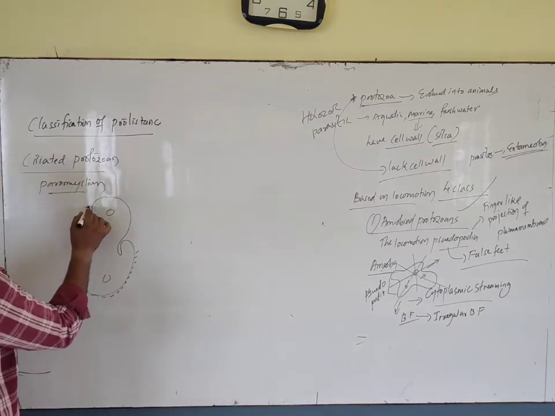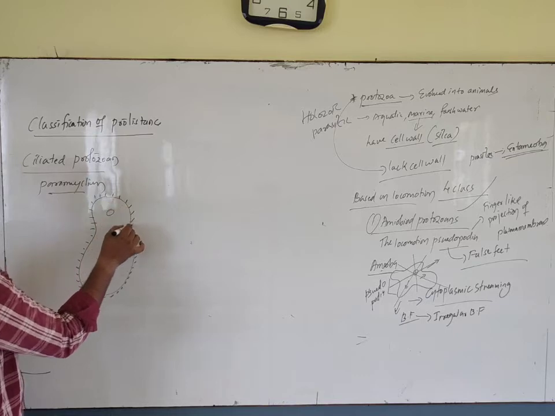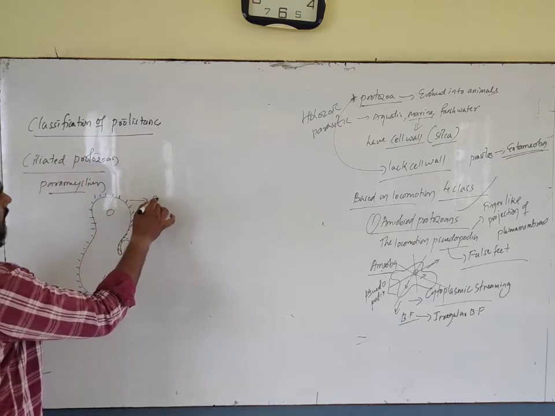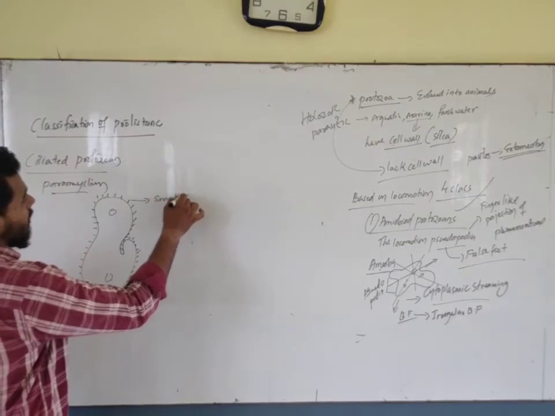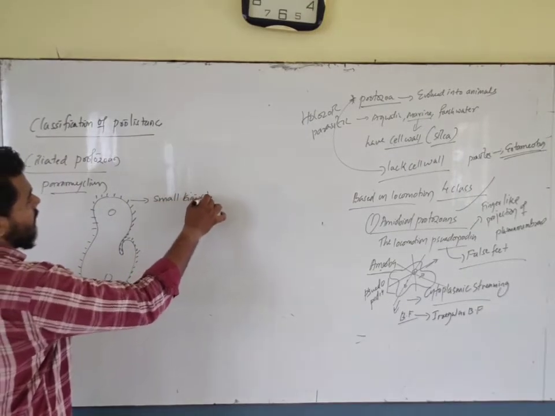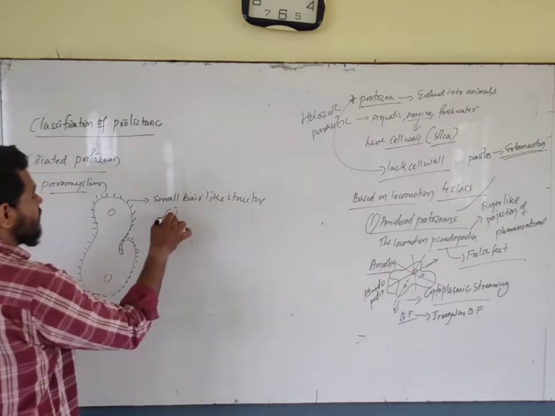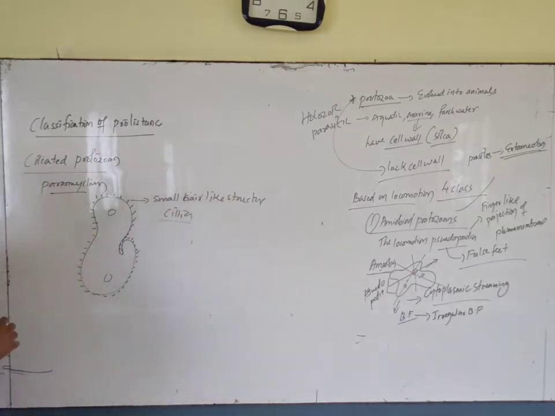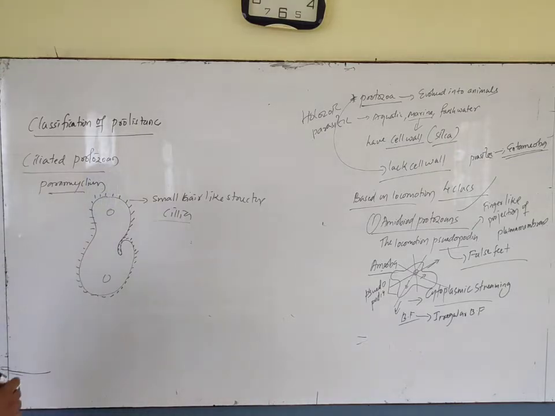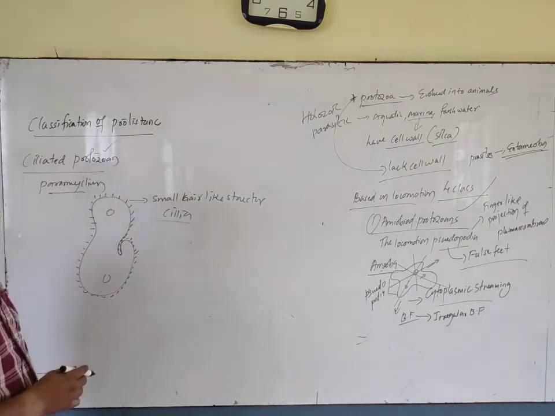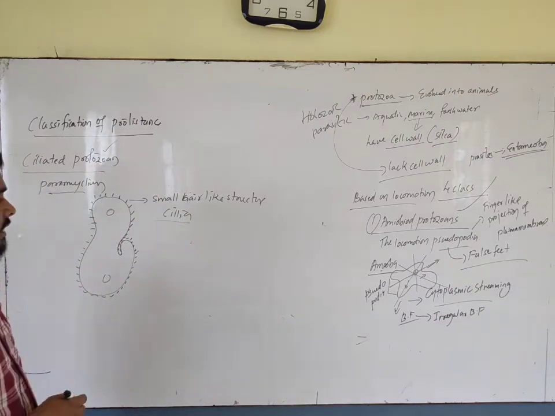The locomotion in Paramecium is by small hair-like structures called cilia. So locomotion happens through cilia, and because of this we call these protozoans ciliated protozoans.